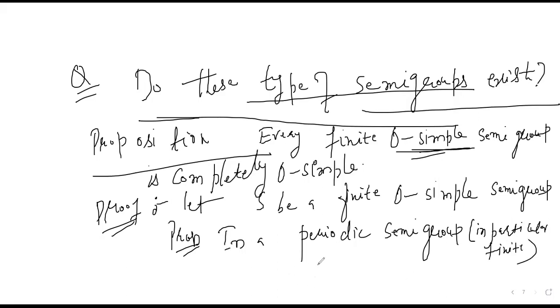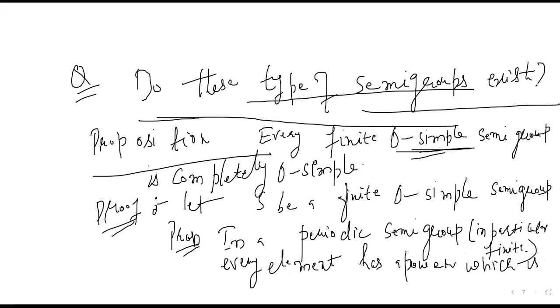So in a periodic semigroup or in particular in a finite semigroup, every element has a power which is an idempotent. So if you want to see, this is actually proposition 1.2.3 in the book of Howie. मैं हॉवी की बुक को इस्तेमाल करता हूँ, JM Howie.